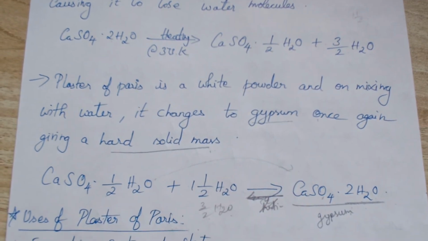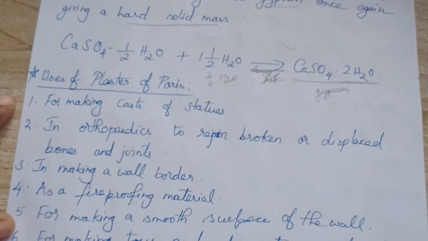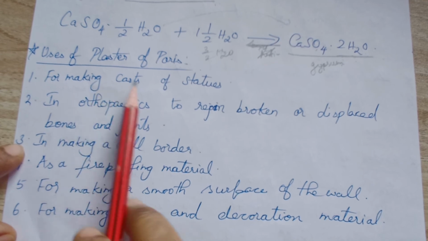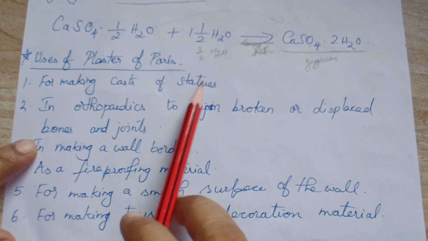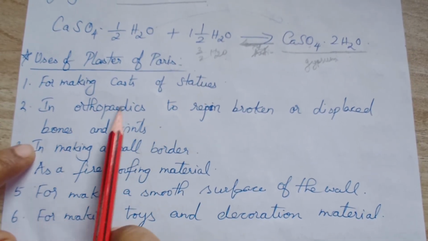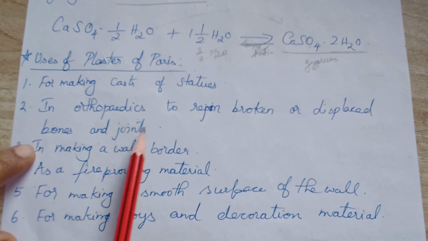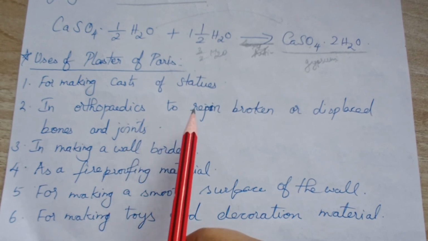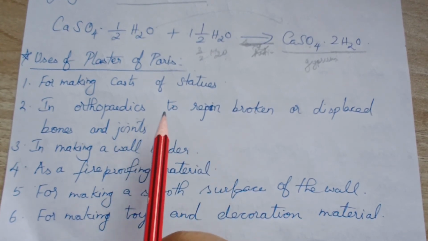Next, there are many uses of plaster of Paris. It's used for casting of statues. Doctors use it as a substance to join broken bones or to keep displaced bones in the right position.